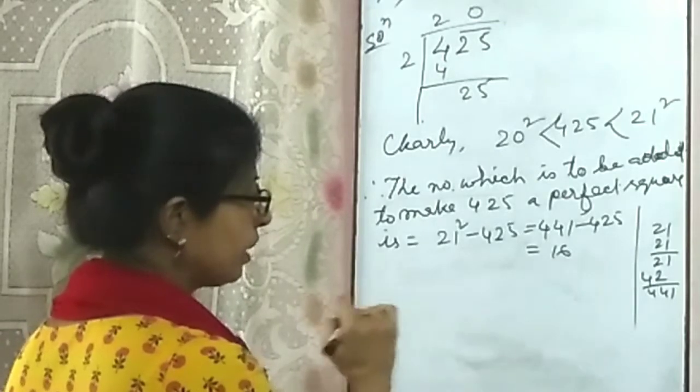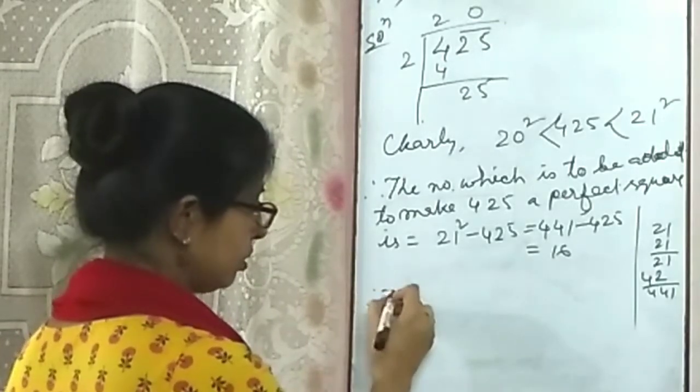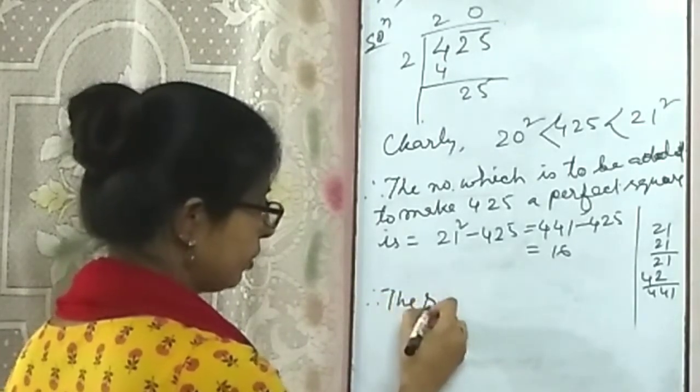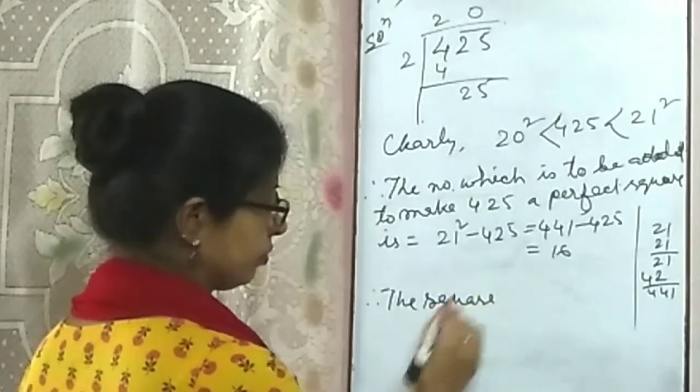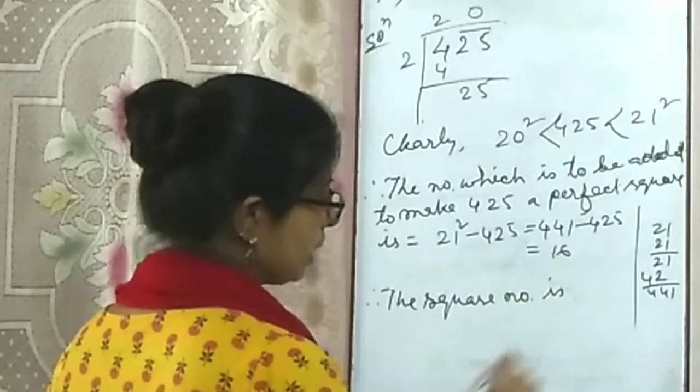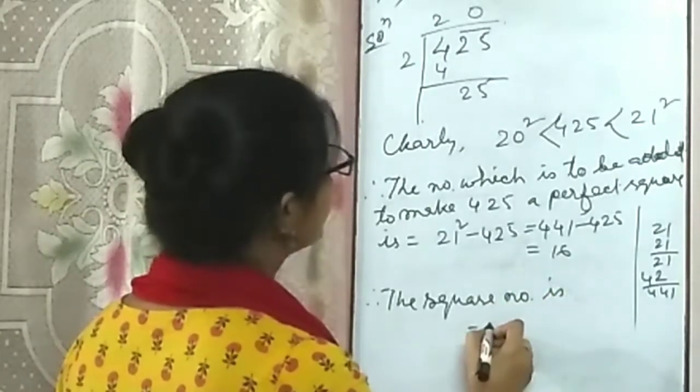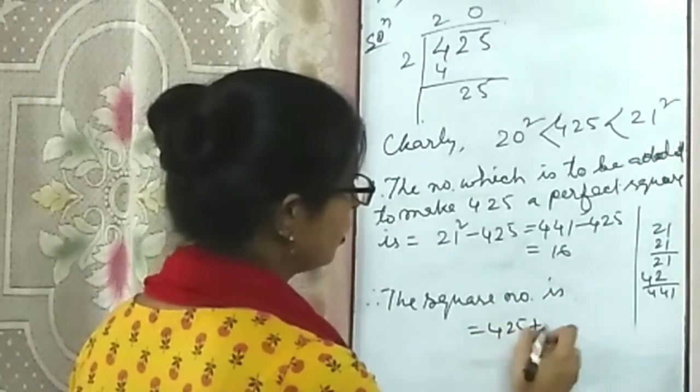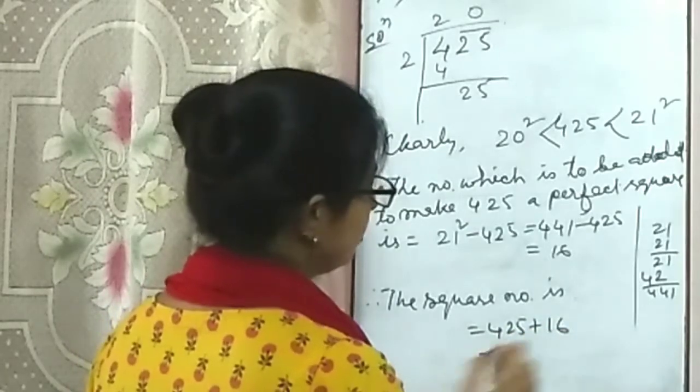and the squared number will be, therefore the squared number is with that given number 425 you need to add.